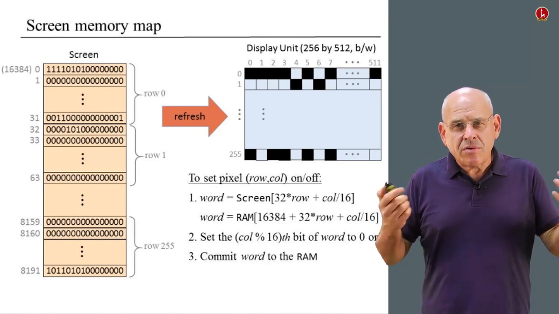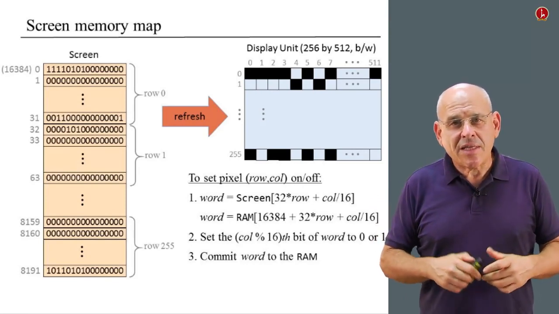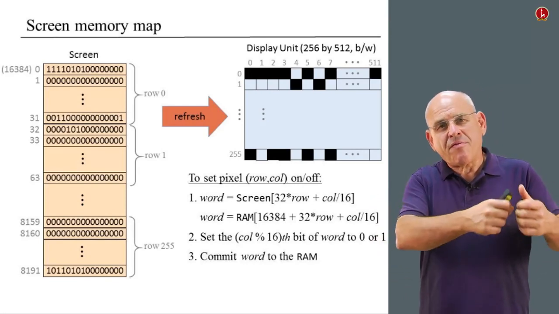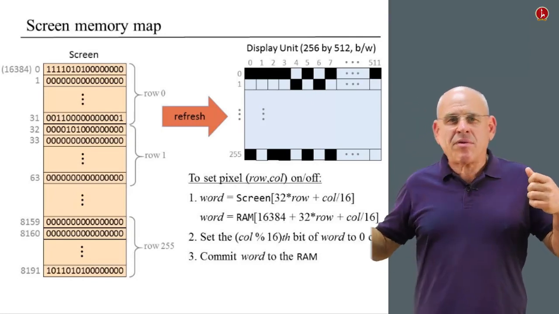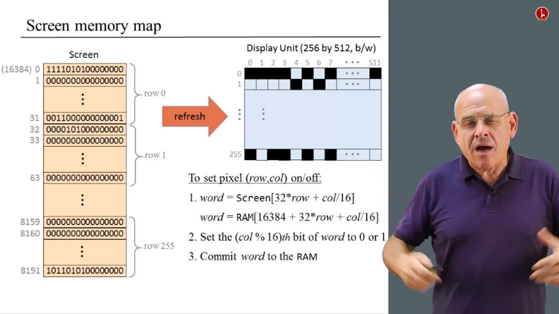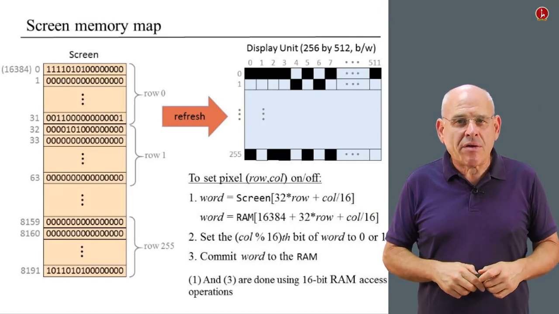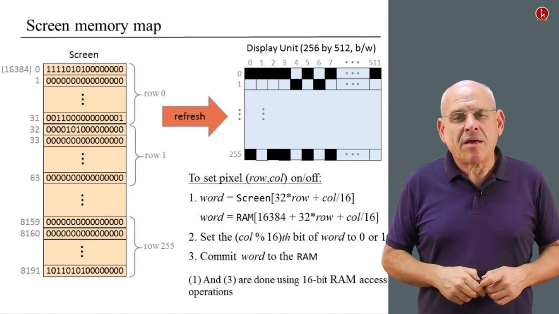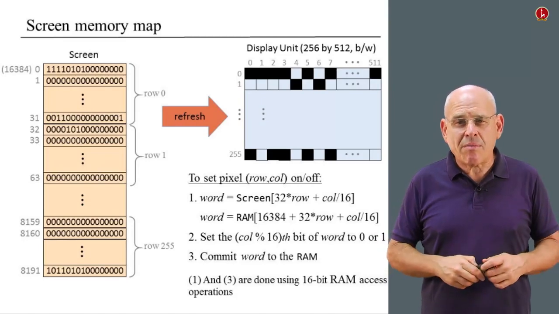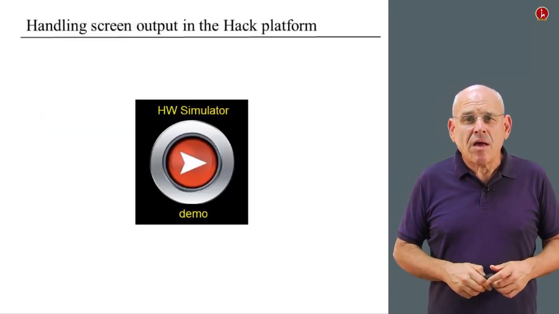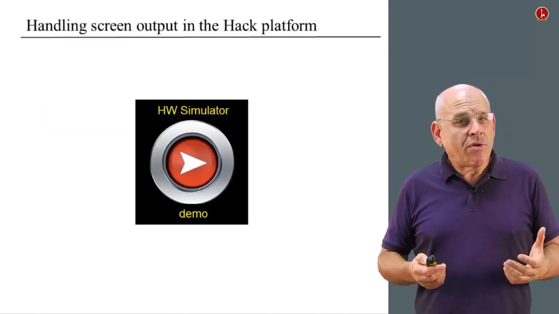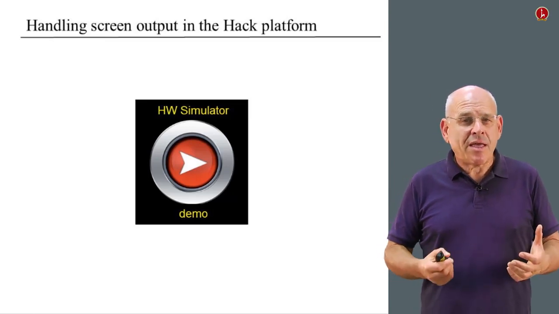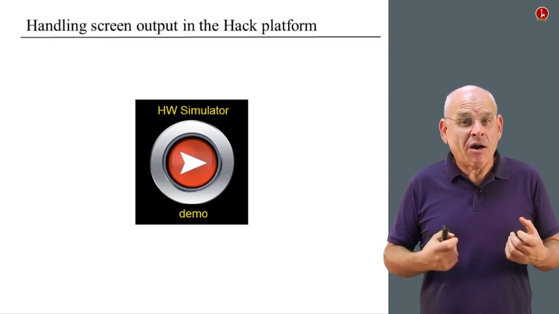Once again, I want to emphasize that 1 and 3, fetching the value and writing the value back, are regular RAM operations, read and write, and we discussed it before when we talked about memory units in general. Okay, now I also want to give you an example of how this thing actually works inside our hardware simulator.